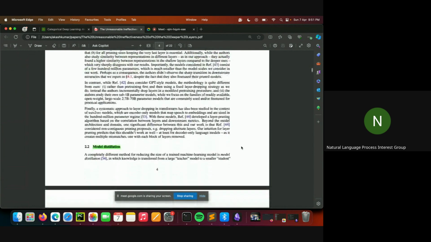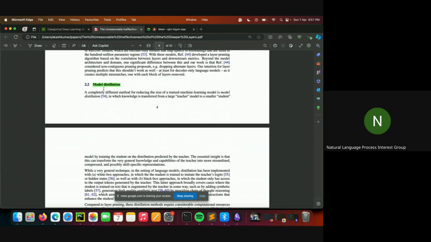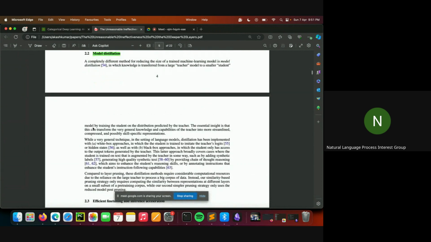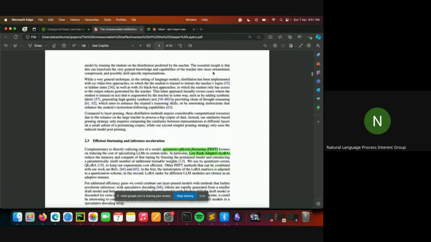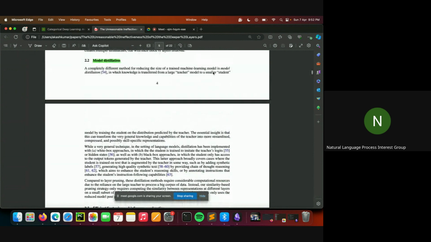Model distillation is another concept where you try to get a smaller version of the model by distilling the knowledge from a teacher to a student model. That is another method of thinking, that we can remove extra weights from the model and get the same performance from a much smaller student model.